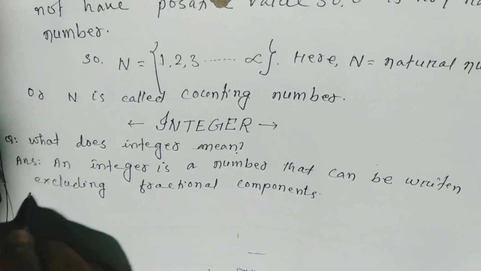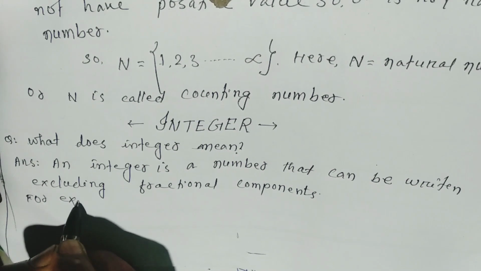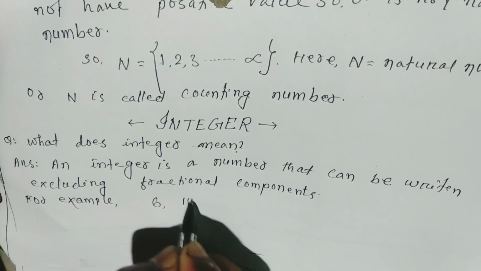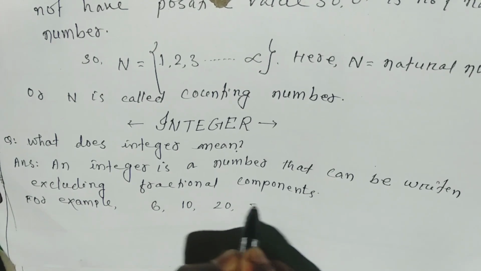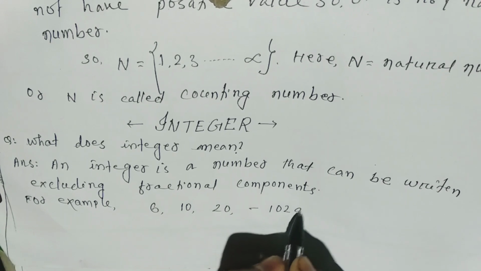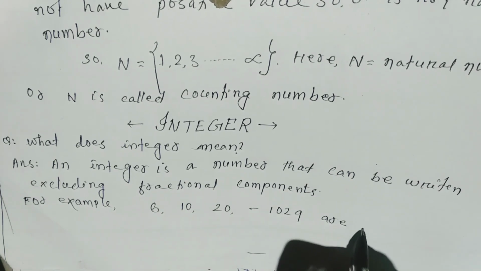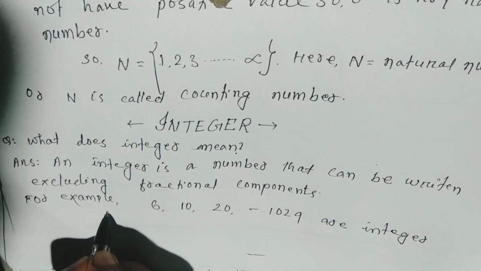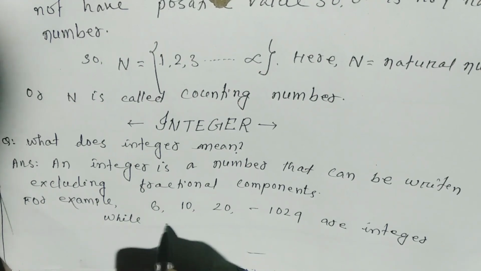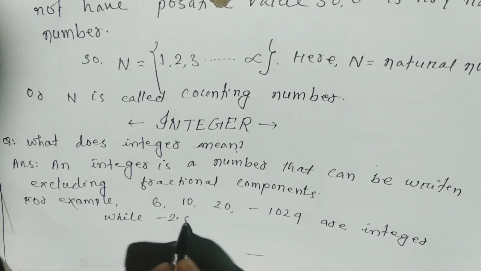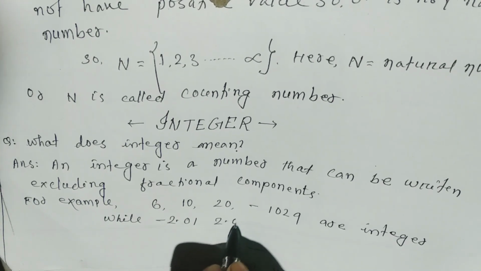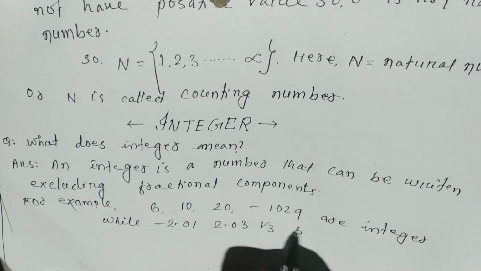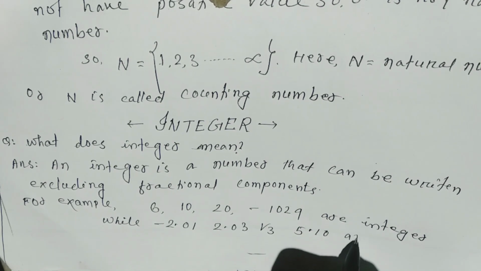For example, 6, 10, 20, 9 are integers, while minus 2.01, 2.03, root 3, 5.10 are not.